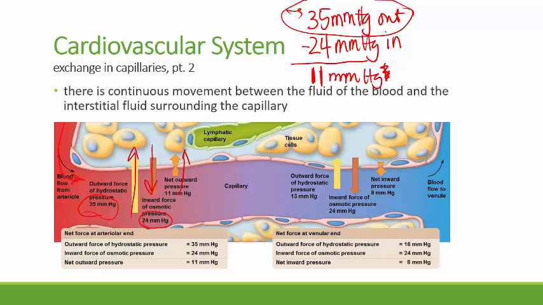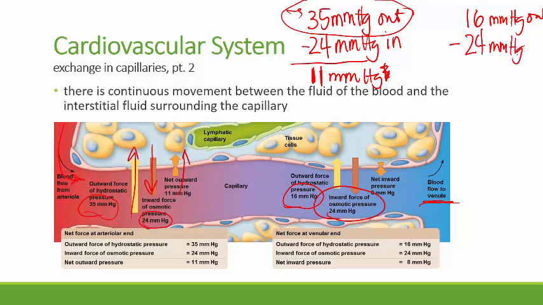So by the time we get to the far side of the capillary network, over here near the venule, the blood pressure has dropped to about 16 millimeters of mercury. And there hasn't been a lot of change in the colloid osmotic pressure. So now we have 16 millimeters mercury out and 24 millimeters mercury in.